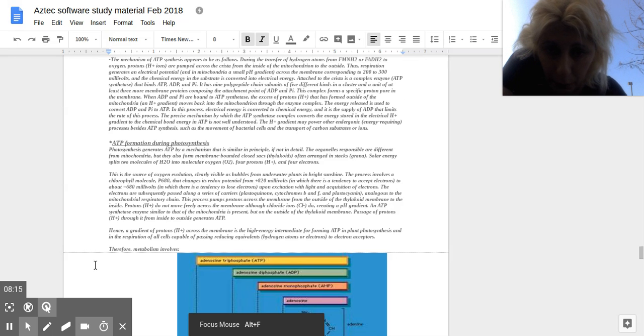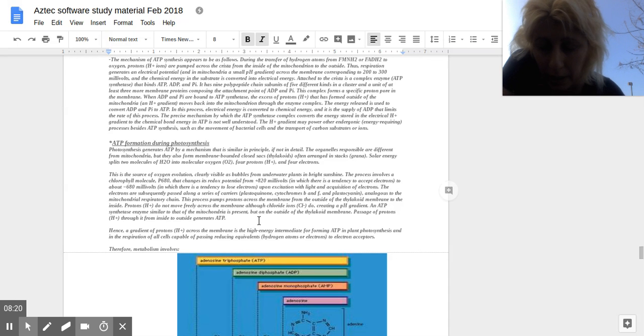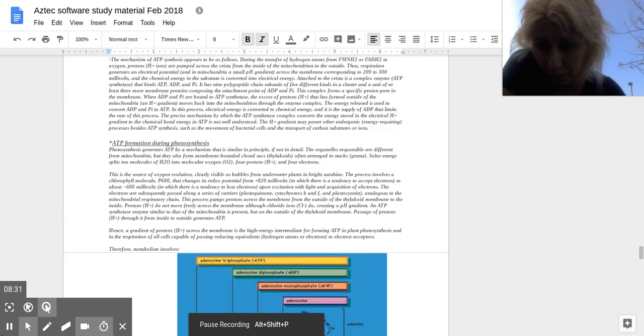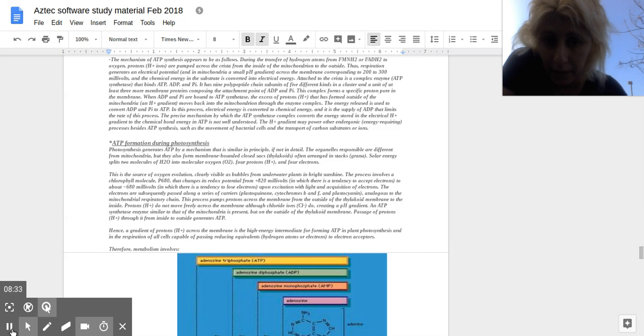This process pumps protons across the membrane from the outside of the thylakoid membrane to the inside. Protons H+ do not move freely across the membrane, although chloride ions Cl- do, creating a pH gradient.